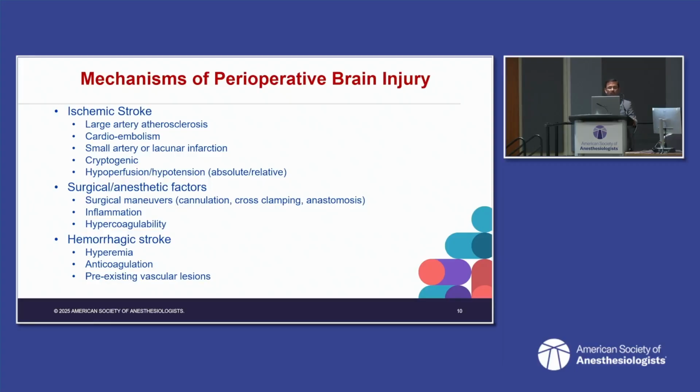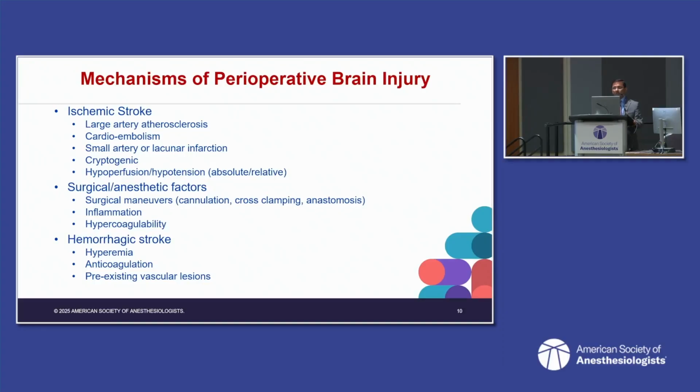We also see small artery or lacunar infarctions, and some strokes are obviously cryptogenic. On occasions, they might be related to hypotension and hypoperfusion. Hemorrhagic strokes are actually, unfortunately, uncommon, but they may be related to either simply hyperemia or anticoagulation, particularly in the setting of a patient having a pre-existing vascular lesion.